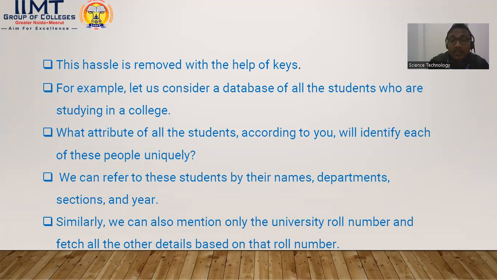Similarly, we can mention only the university roll number and fetch all the other details based on that roll number. For citizens of India, we identify on the basis of Aadhaar number or voter card number. Voter card number and Aadhaar number are unique for each and every one.